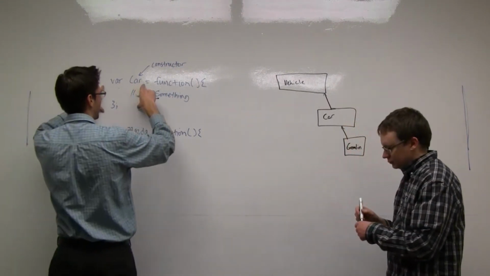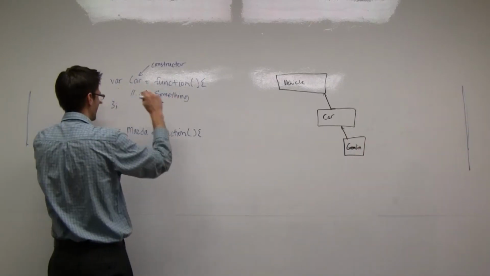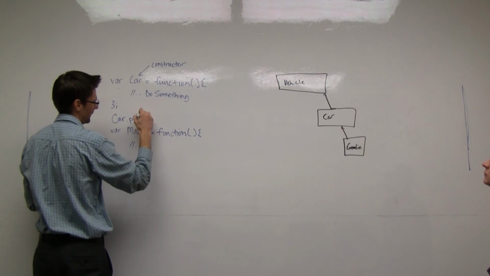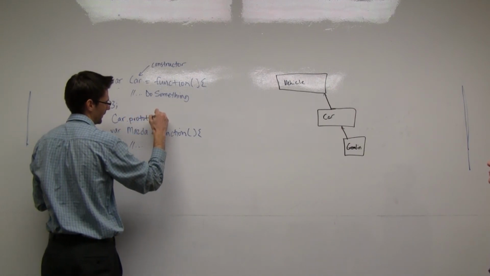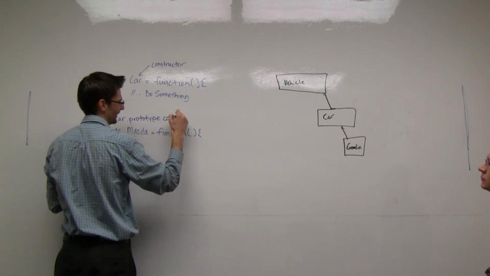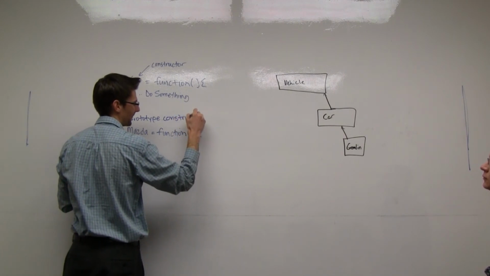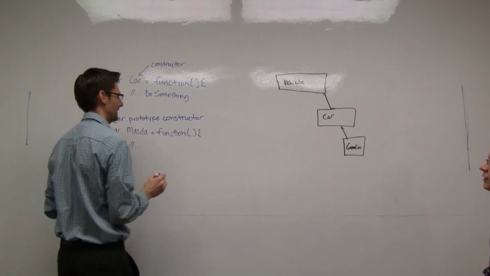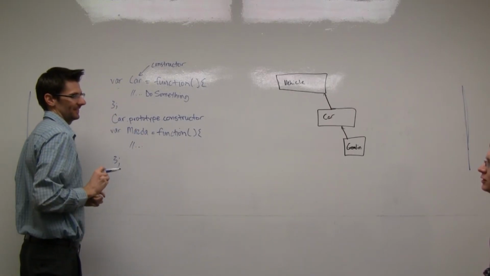So when I declare a car function, this function object, if I were to say car.prototype.constructor, what should that say, Ben? This is where I get confused. Well, I know what it says, but it doesn't make any sense. It should be the car function, I think.